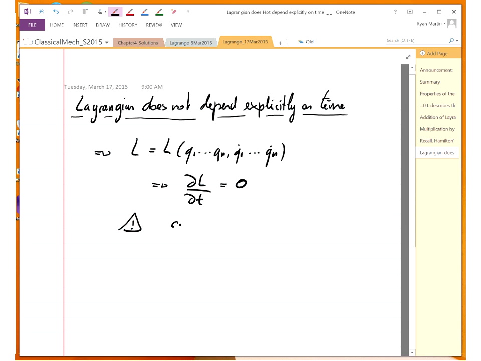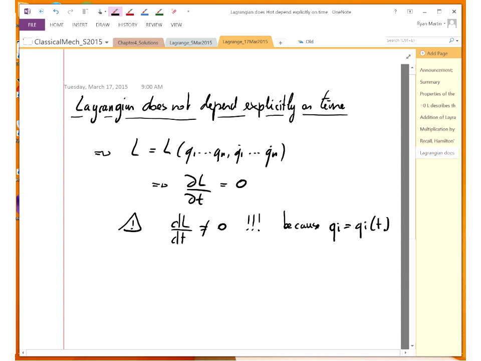So be careful. dL by dt is not equal to 0. The total time derivative of L with respect to t is not 0, clearly. The coordinates themselves in principle depend on time.